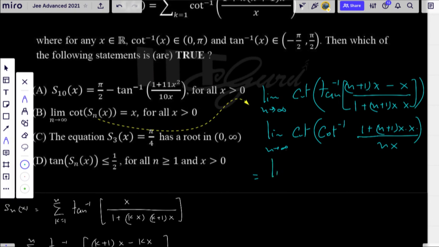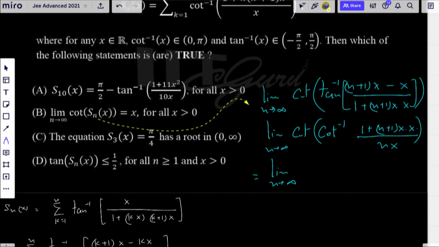So once we say cot of cot inverse x, that will become x. So simply we have to apply limit n tends to infinity, and we can say 1 plus, simply cot of cot inverse x we write. So whatever the argument is will come over here. So the entire argument, that is 1 plus (n plus 1)x square, upon, in the denominator, nx.